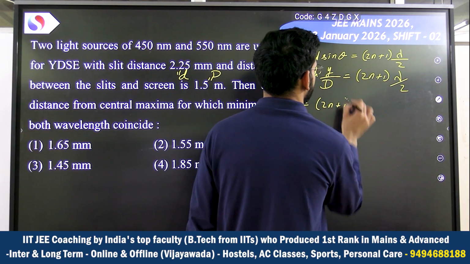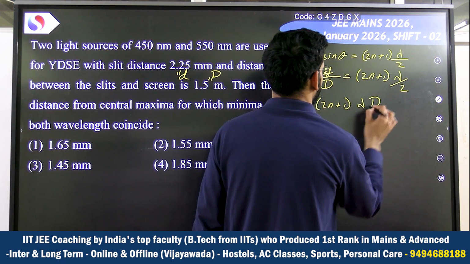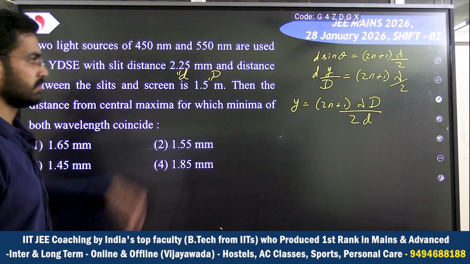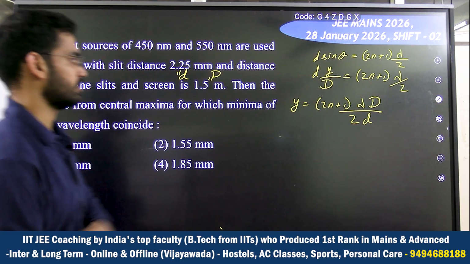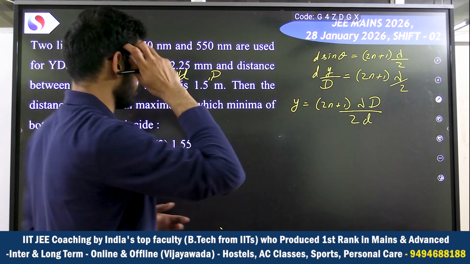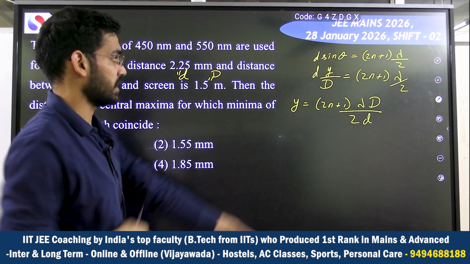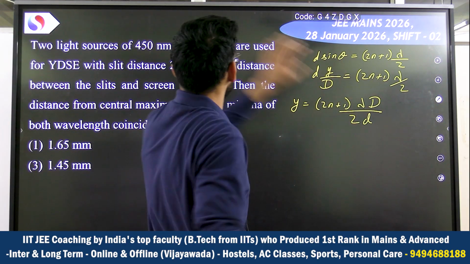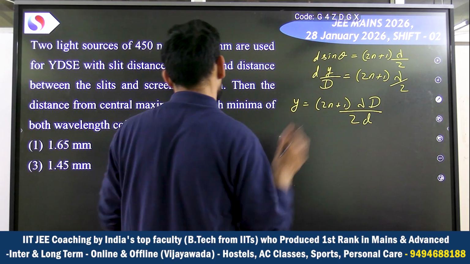(2n plus 1) lambda capital D divided by 2 into small d. This is the y value. For different lambdas, it will be different, for different values of n. So if minima coincide, some value for this lambda will coincide with this lambda. Both are minima only.